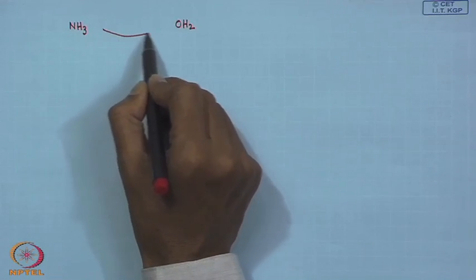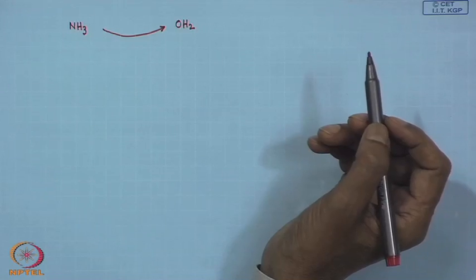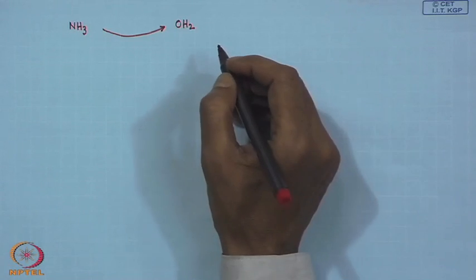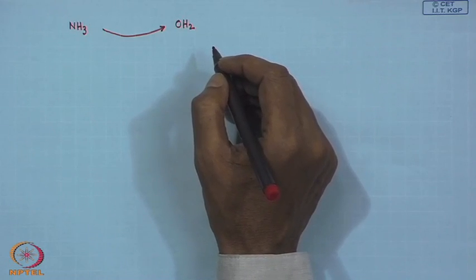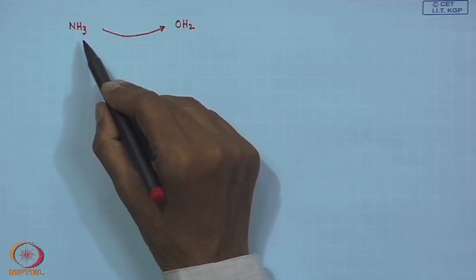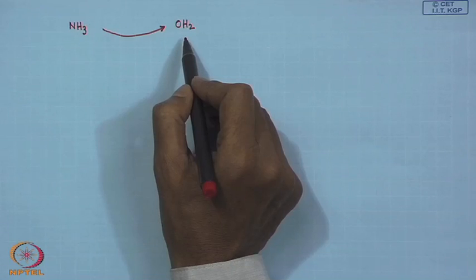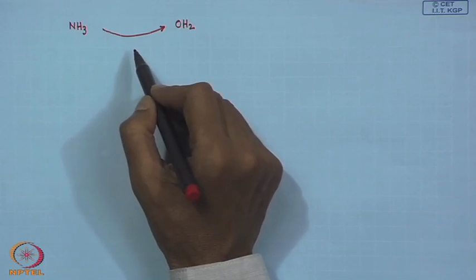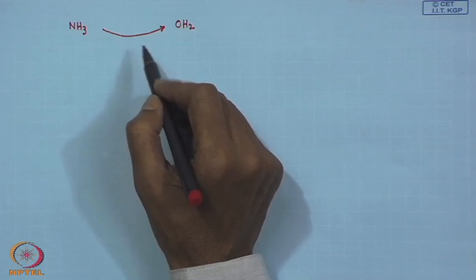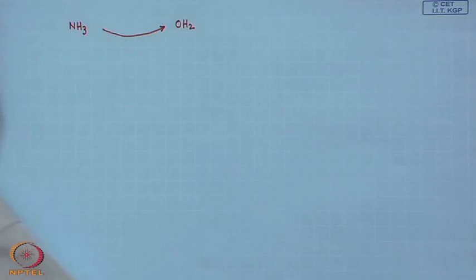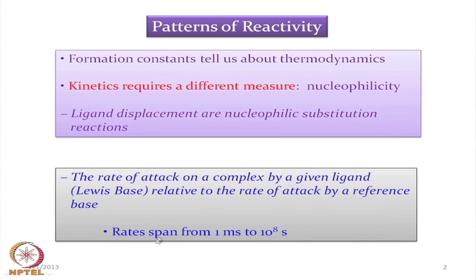So, if we go for the substitution of these water molecules, replacing the metal aqua bond by the metal amine bond, we can find out how this new Lewis base can attack and remove these water molecules from the metal center, and how quickly this happens, from the corresponding rate of the reaction. So, in this particular case we can have two different reactions, one a slow reaction and another a fast reaction.